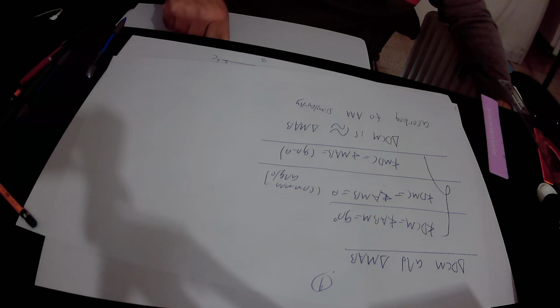The angle similarity rule is that if you prove that all the angles in one triangle are correspondingly equal to all the angles in another triangle, then you prove that the two triangles are similar to each other according to the angle similarity rule.